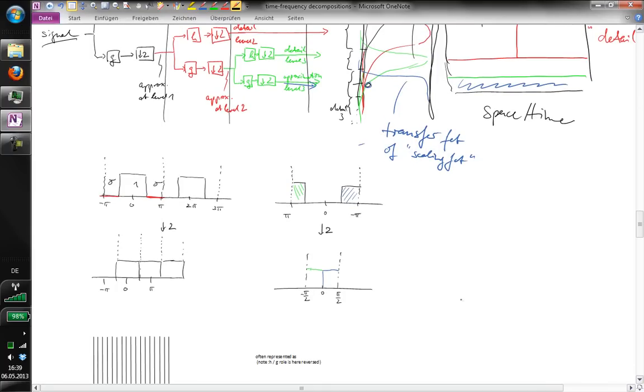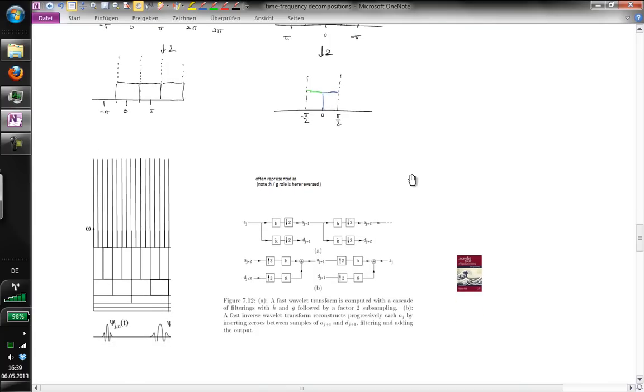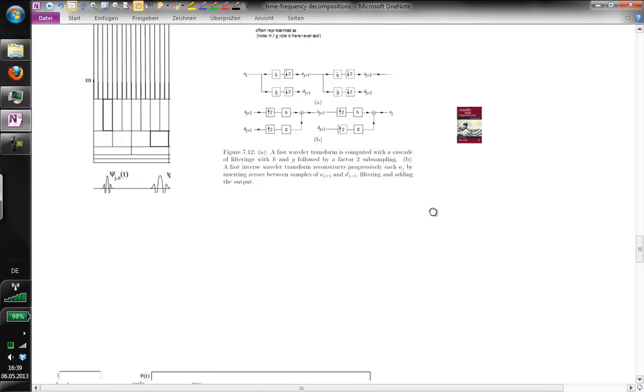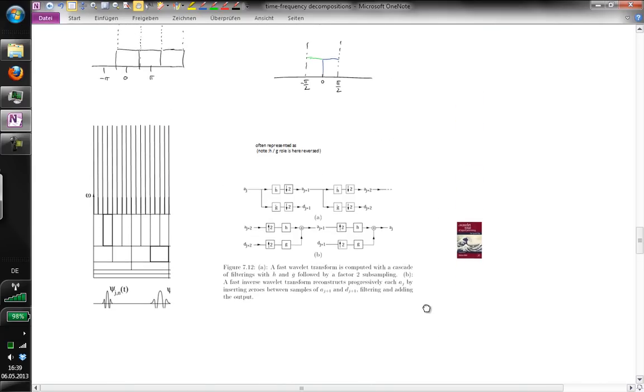You cannot use arbitrary functions G and H, but they have to fulfill some specific mathematical properties. If you want to use this non-redundant wavelet transform about which I've been talking all this time, then you want to have a unitary transform. So let me write that down.